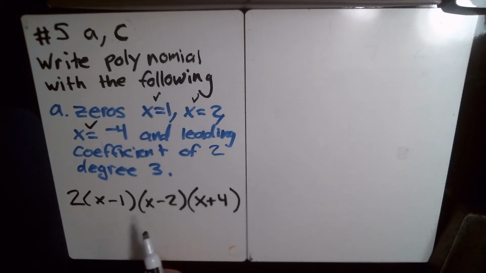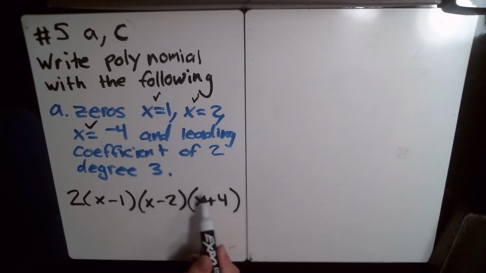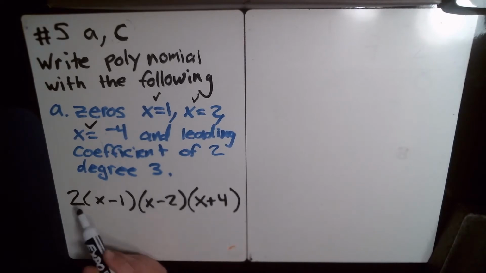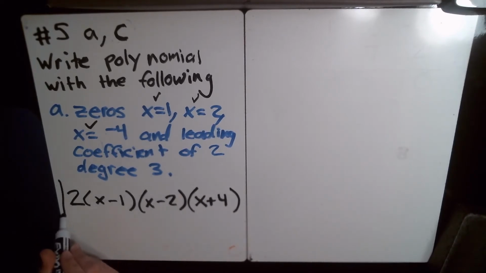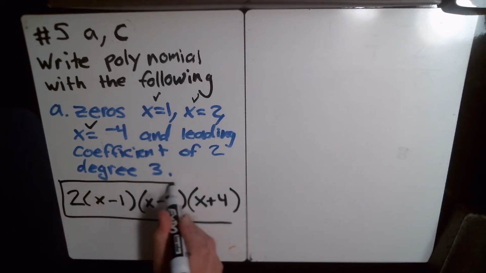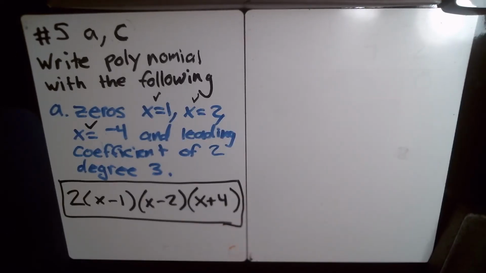If you multiplied this all out, when you do x times x times x, you're going to get x cubed, right? And that's the biggest power on x you can have, so that's the degree. So this is the right polynomial.